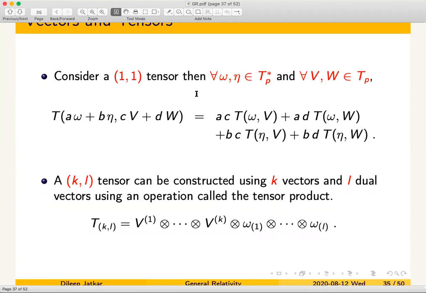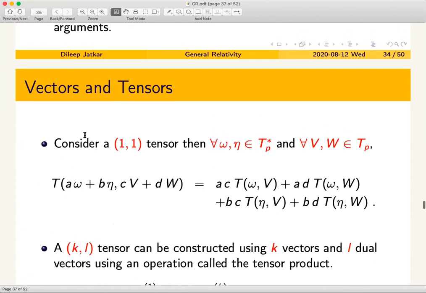So T, which is a (1,1) tensor, would act on aω + bη, which is some linear combination of cotangent vectors or dual vectors, and on cV + dW, where V and W are tangent space vectors, and the action is linear on each one of them.